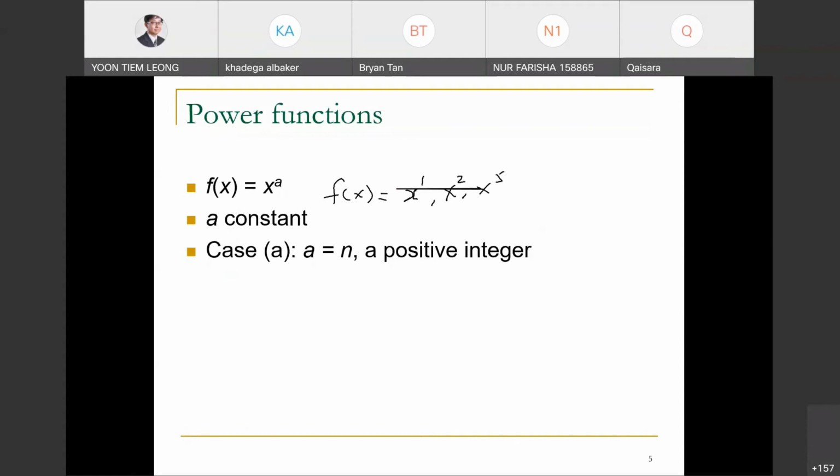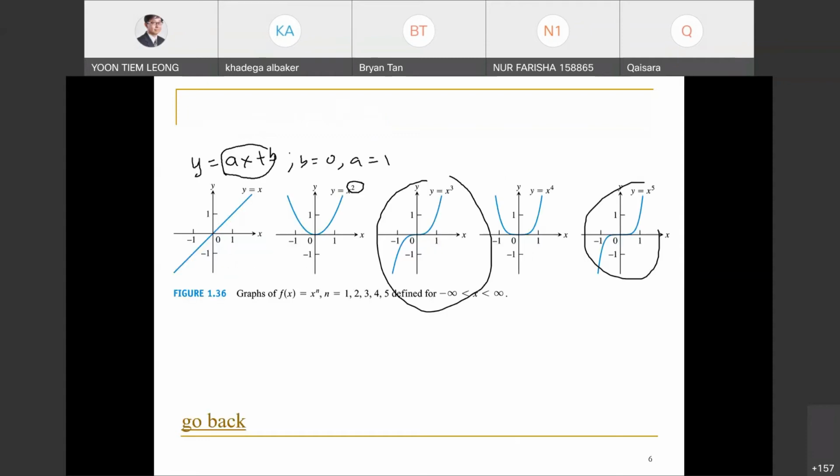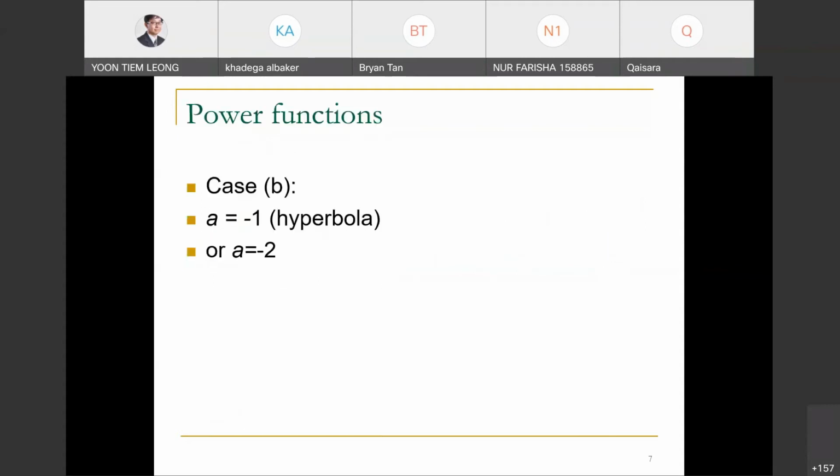For example, the symmetry properties, the derivative, or the concavity of a function. But before we go into those details, you just have to know what types of functions there are and their general features.